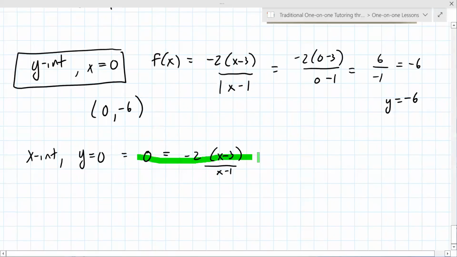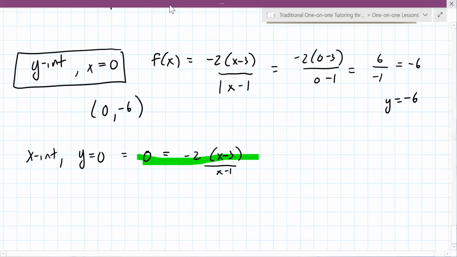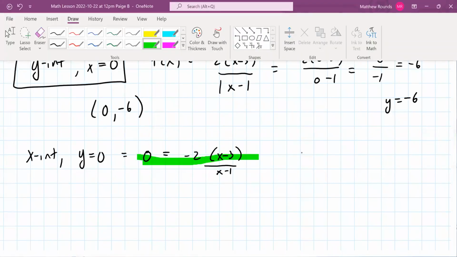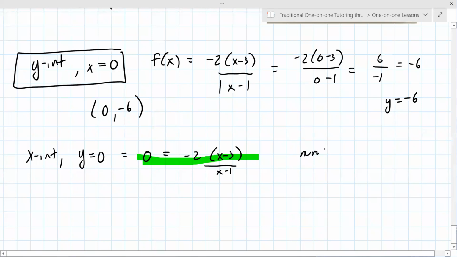So you actually just set the numerator equal to 0. Oh, okay. And yeah, this is true, but it's really the numerator setting equal to 0. So -2 x -3 equal to 0. Could you solve that for x for me? Yeah.